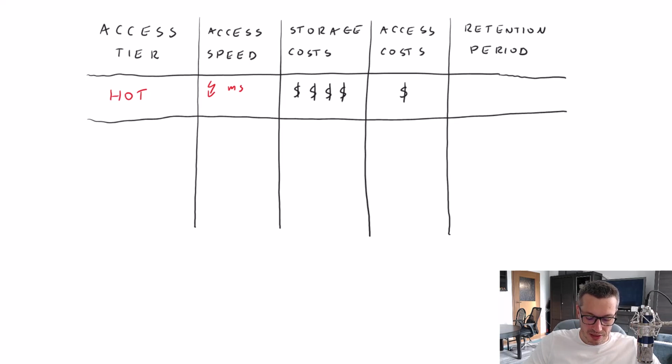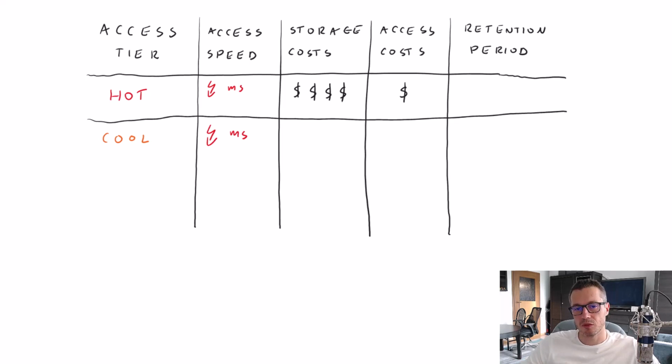All right, but what are the other options we have? So apart from the hot tier, we've got cool access tier. And now, in this case, the access speed, so how fast we can get access to our data, is again very fast. Again, it is milliseconds. So we can get access to the data without any delay.